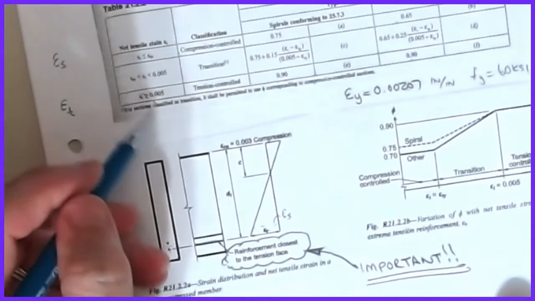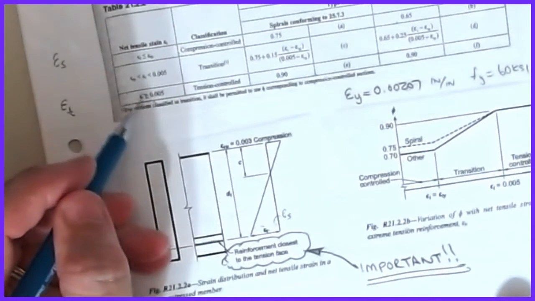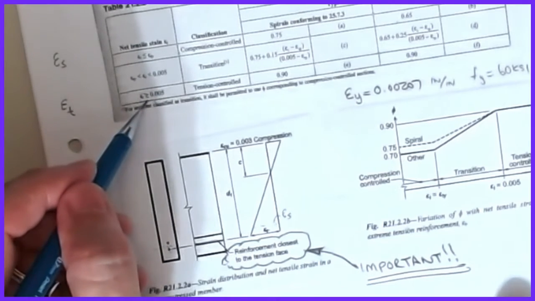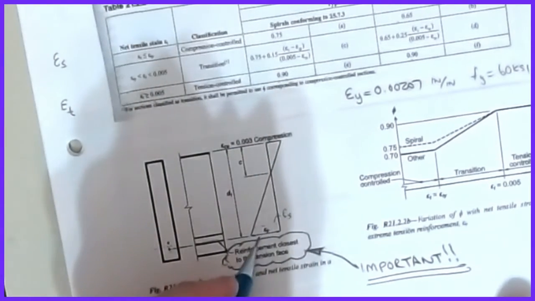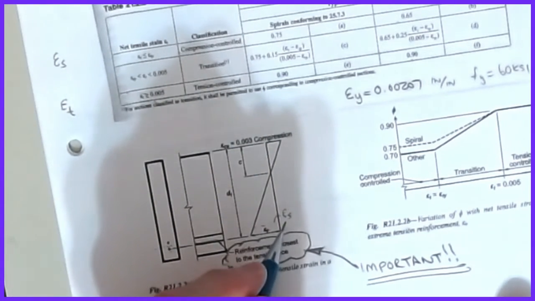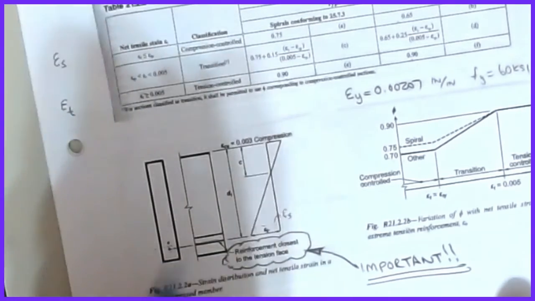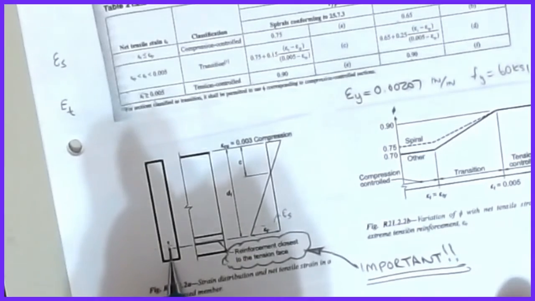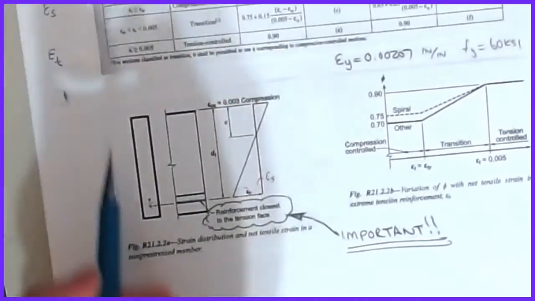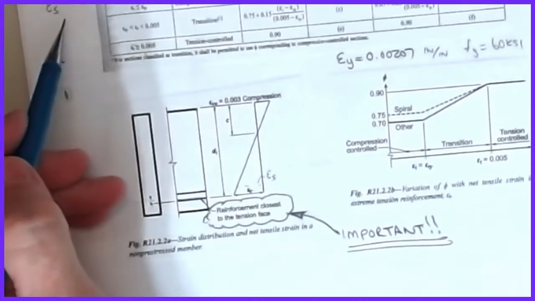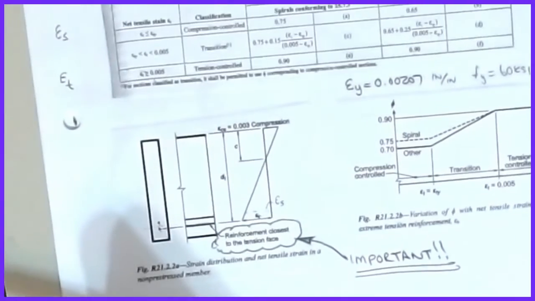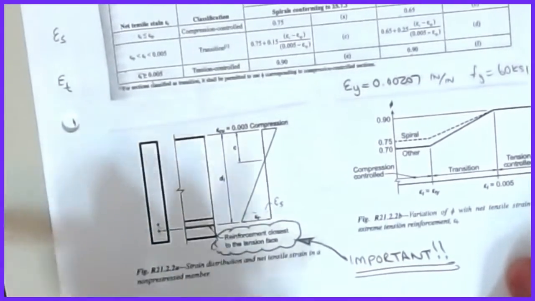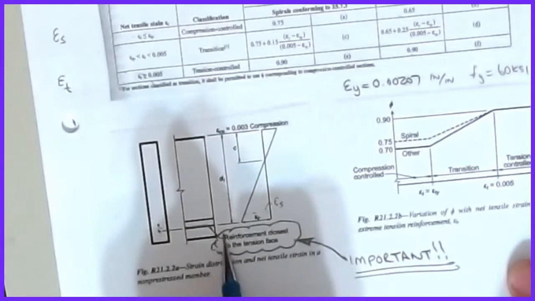Okay, it's only when I start getting kind of close, or start having some problems where I don't fall into this bottom range because of what I chose for my strain, will I come back and set up and sharpen my pencil a little bit more to be a little bit more accurate. But generally, there's not a lot of difference between epsilon s and epsilon t. So ACI says use epsilon t, but most of the time, just because for simplicity and speed, I'll throw in epsilon s as a little bit conservative on that. So got to be kind of mindful of this one little note here.